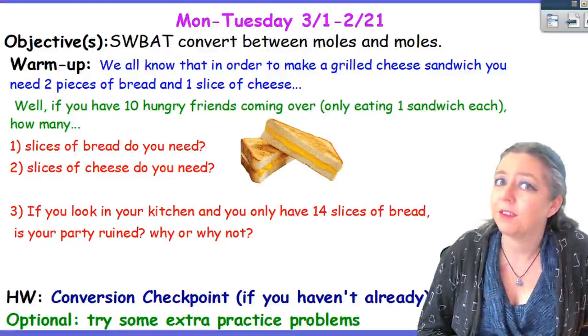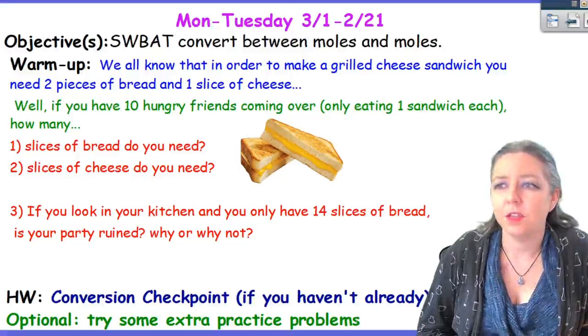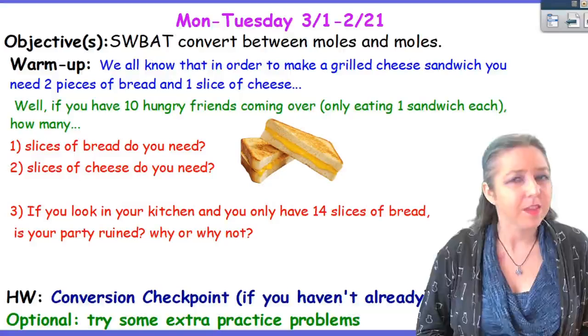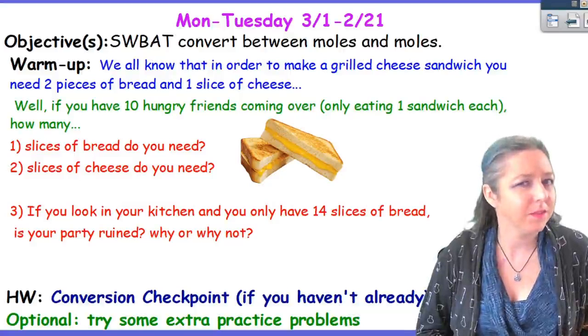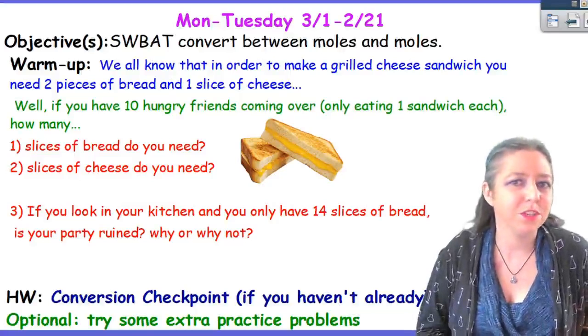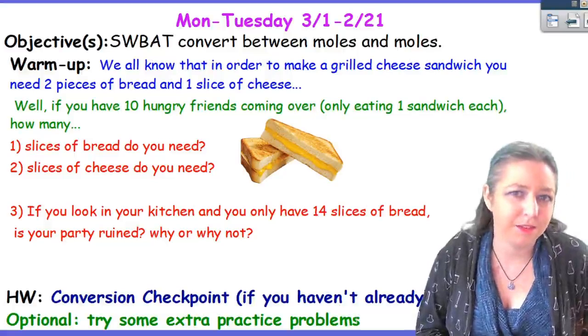Because if you do the math and you come out with needing 5 slices of bread to make 10 grilled cheeses, that's a pretty good indication that something is kind of off. So that's why I like using these really simple questions at the beginning for your warm-up to help you practice using the factor label method.